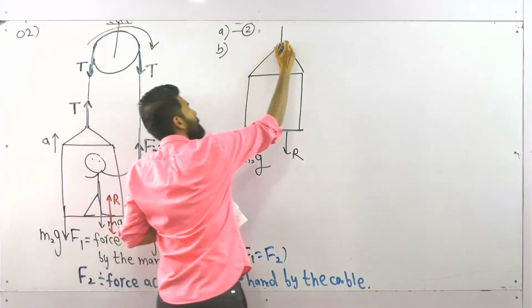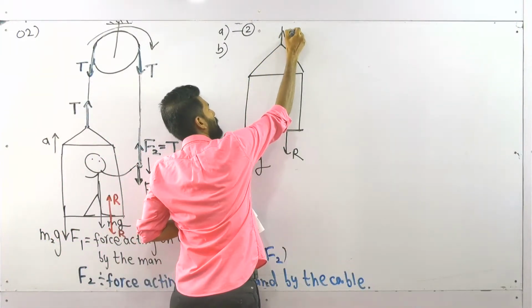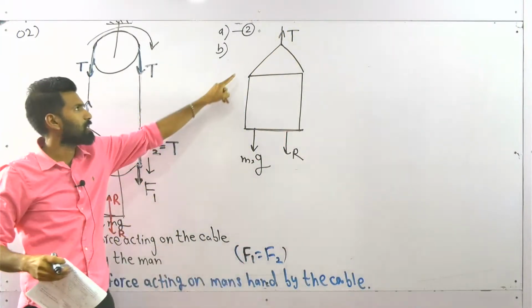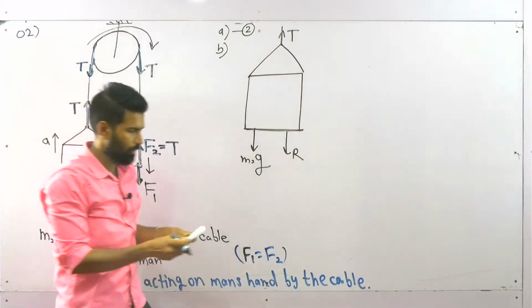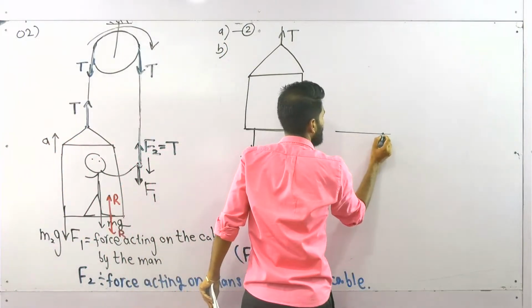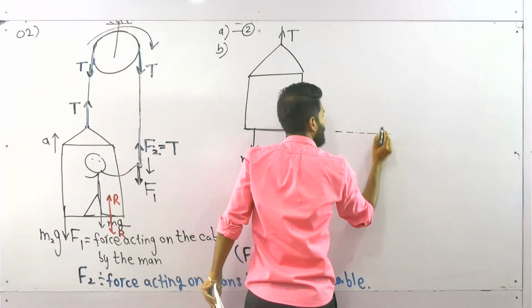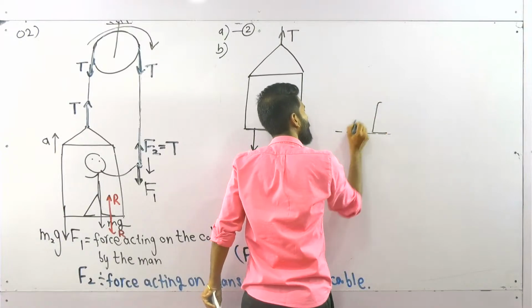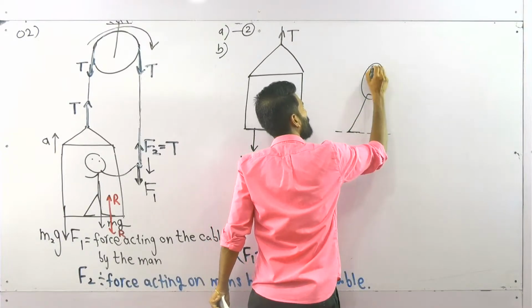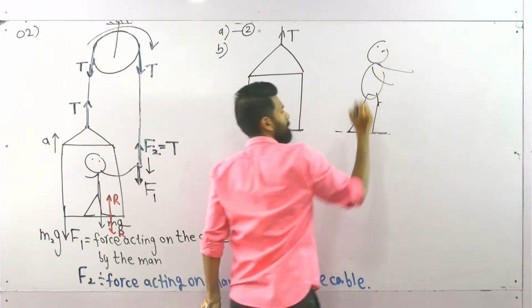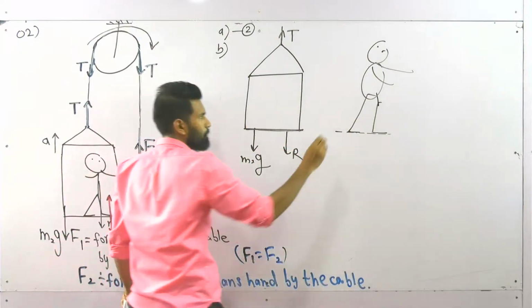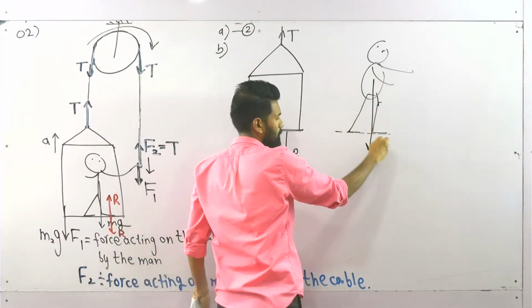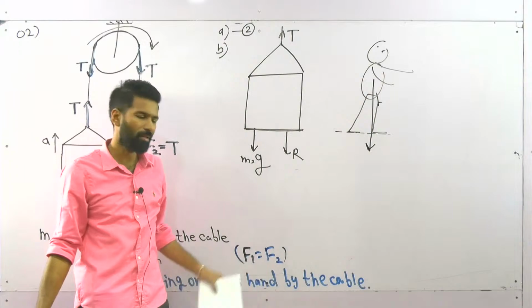It's acting here. You have to mark that too. So these are the forces acting on the vessel. Now what are the forces acting on the man? His weight is active, the gravitational force. He's attracted towards the ground by gravity.